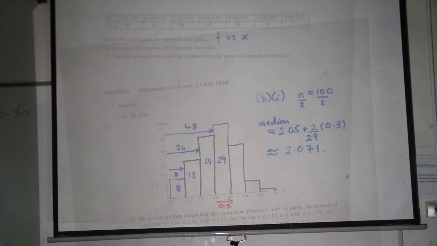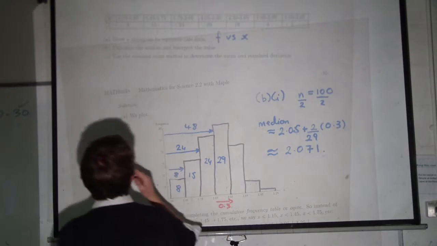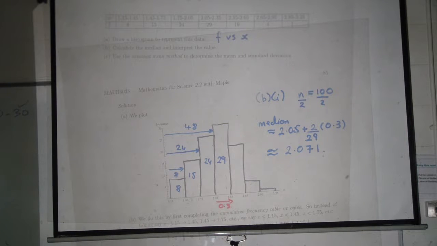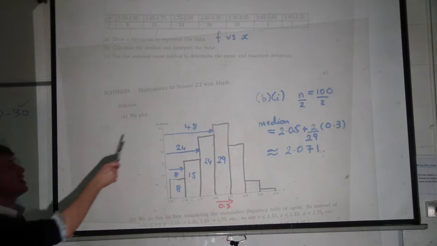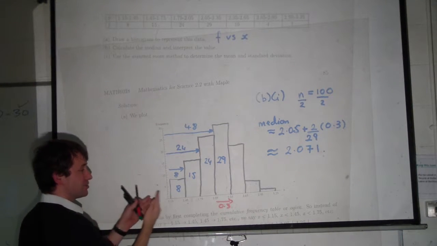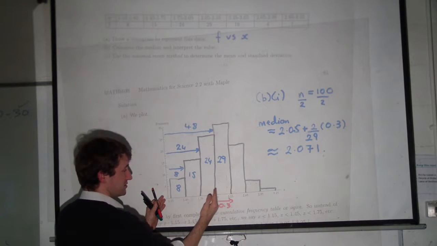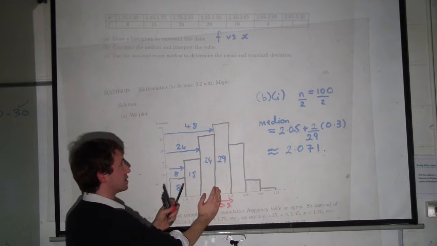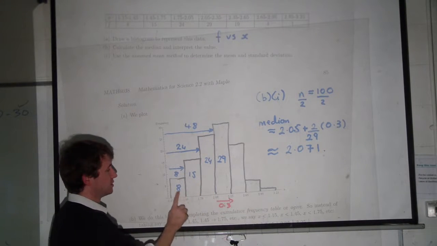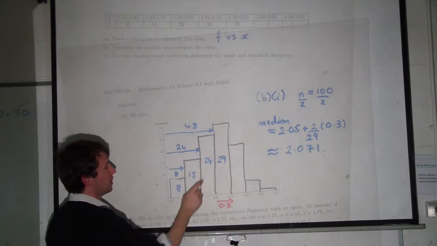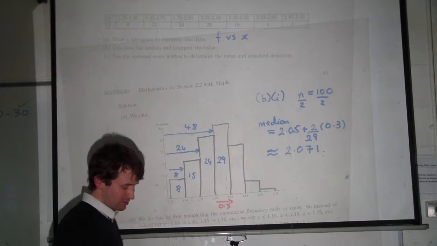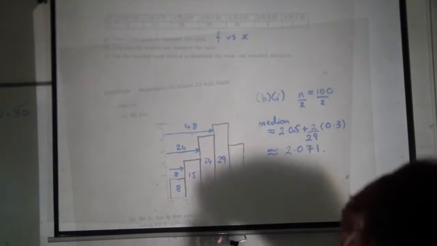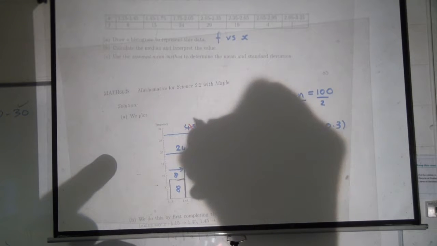What's story 48 there again? 48. So we're trying to find the median, the value such that half of them are smaller than it. There's 100 data points in total, so we're trying to add up, keep going till we get to 50. And so 50 will be smaller, 50 will be bigger. So we got up to 48 here. 8 plus 15, that's 47.